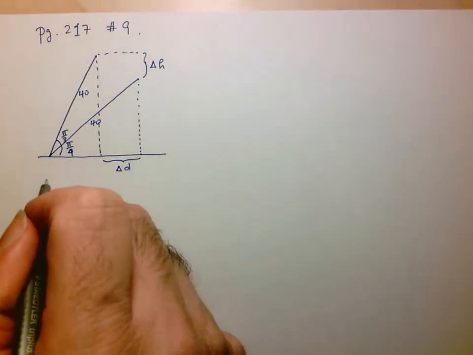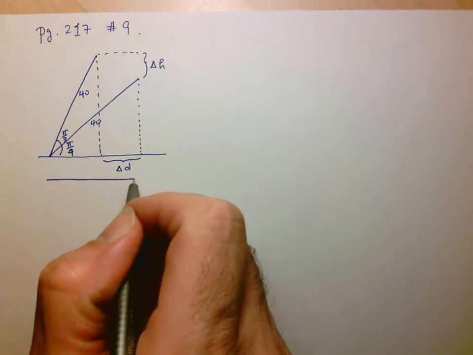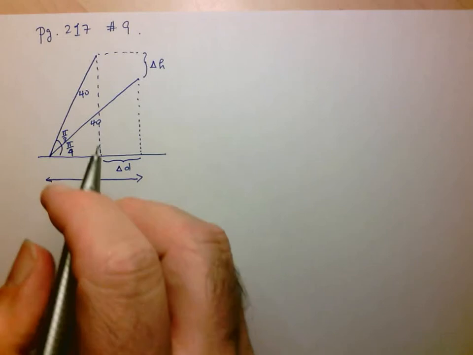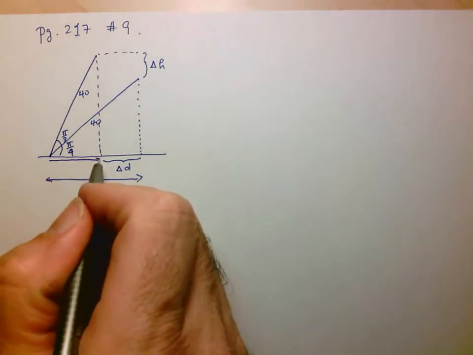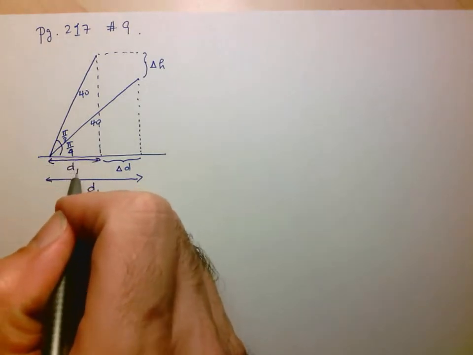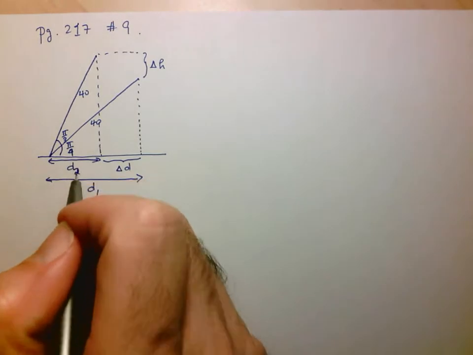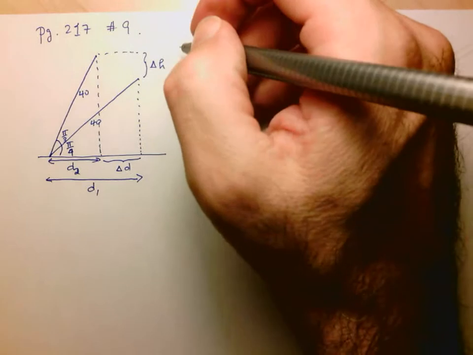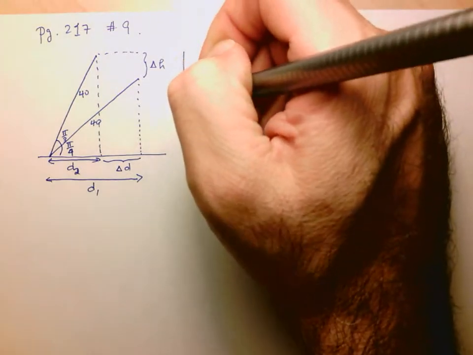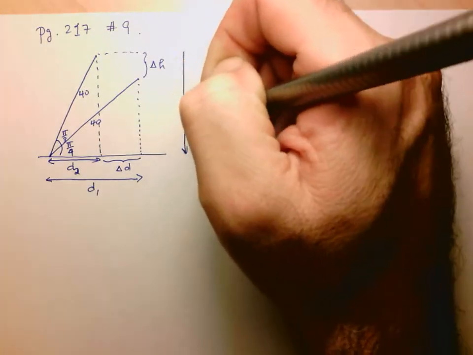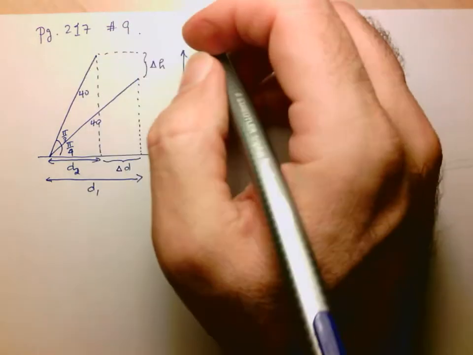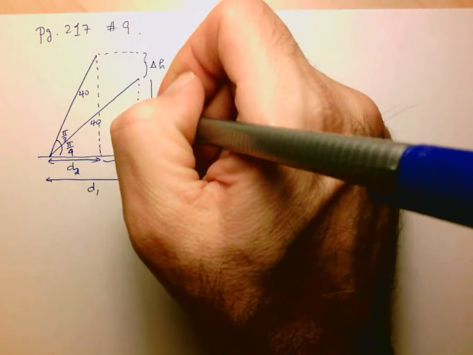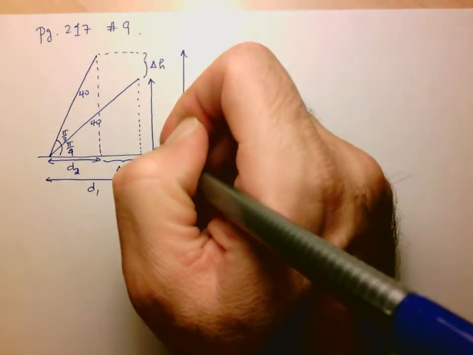Well, you just start with the longer distance, so we'll call this D1, and we're just going to have to subtract D2. Whereas here the higher vertical distance is going to be H2, and the shorter one was the original one, H1.